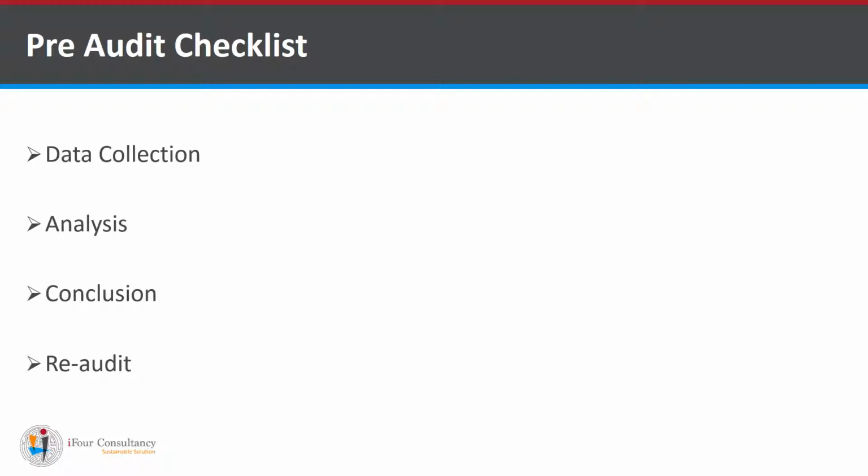Now, analysis of results: in this section, we need to identify what standards will be followed for making an analysis. Is this standard covering each and every aspect which is required for the audit? Now, the conclusion part revolves around what problems have been identified, are any changes needed, and if changes are needed, how they will be implemented.